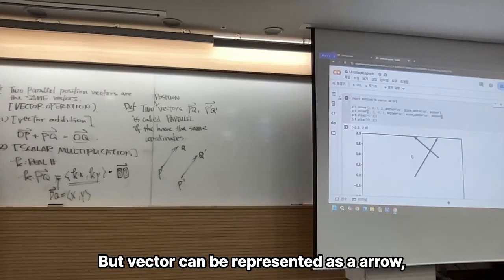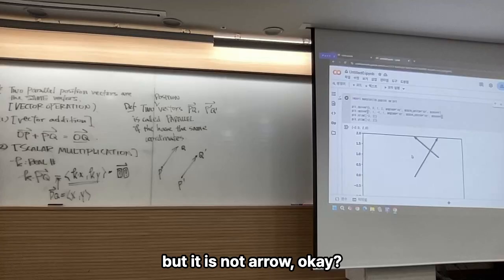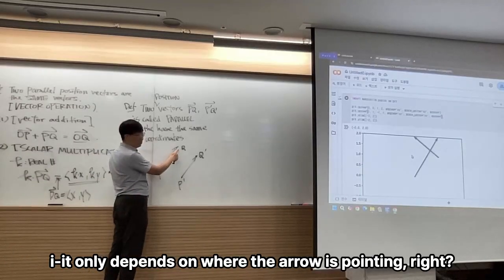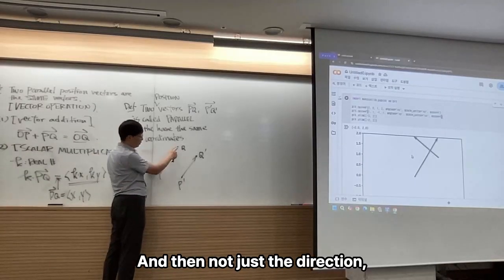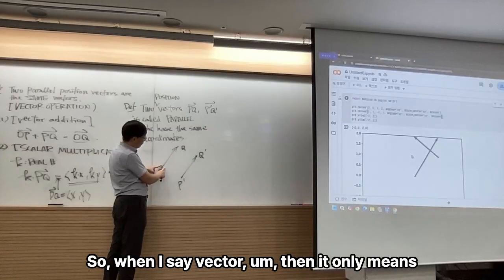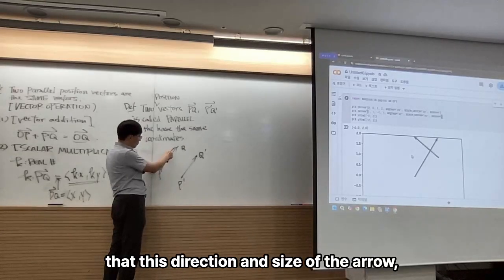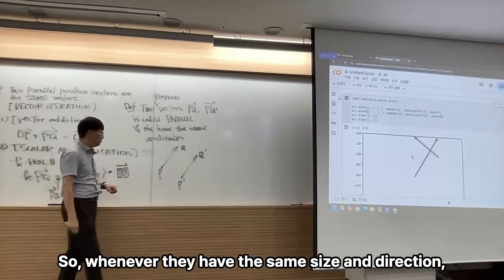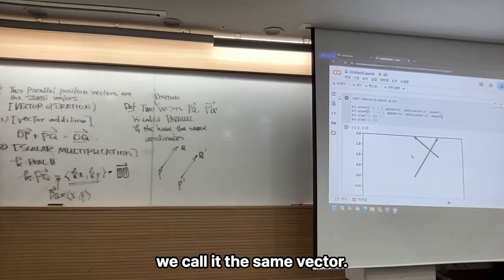A vector can be represented as an arrow, but it is not an arrow. It only depends on where the arrow is pointing, and not just the direction, it also matters with the size. When I say vector, it only means the direction and size of the arrow, not where the arrow is starting from. Whenever they have the same size and direction, we call it the same vector.